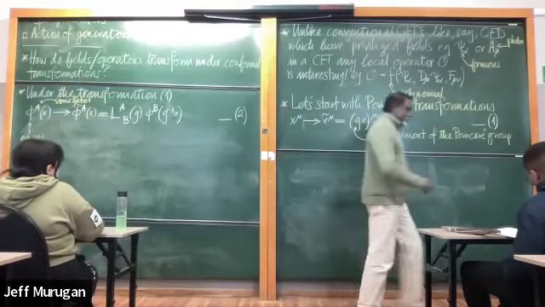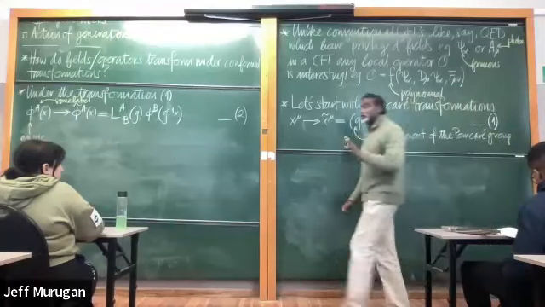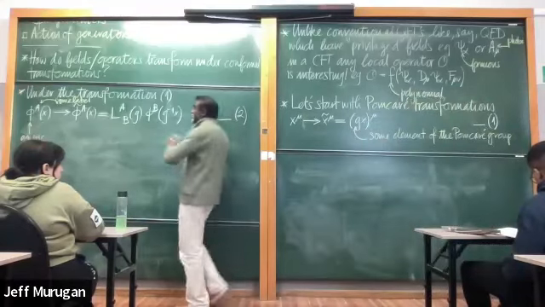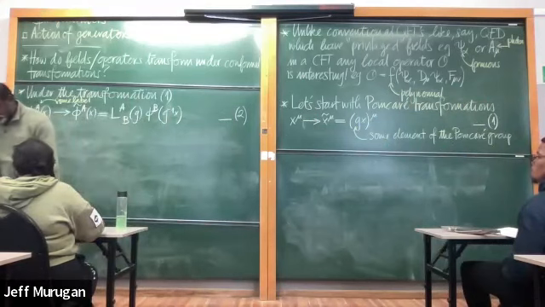It could be a tensor, it could be a spinor, it could be a scalar. I don't really care. At some point, I will care. But what I'm interested in here is how a generic field transforms. This guy, L A B.